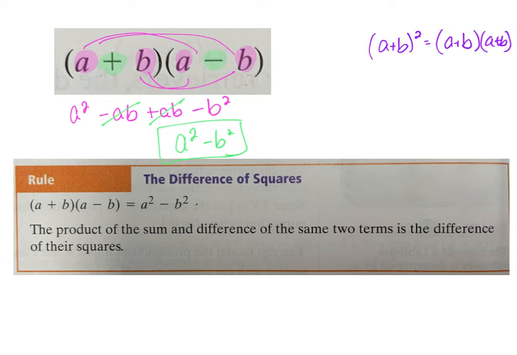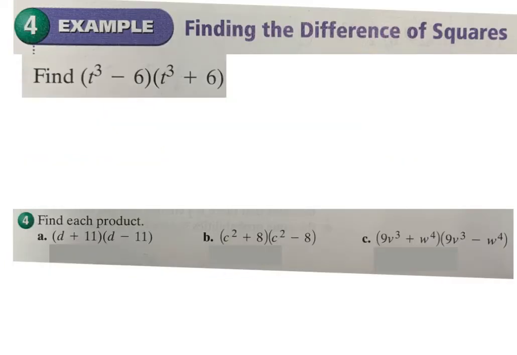So let's look at example 4. These are very easy to find because you don't even have to worry about a center term at all. If you recognize that this is a plus minus of the same exact terms, then you literally just have to take the first term, which is t cubed, and square it. And then you subtract the second term, which is 6 squared. Now you do have to apply your properties of exponents.